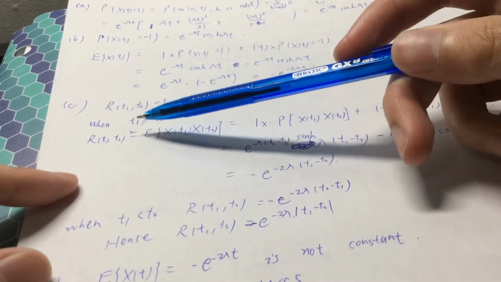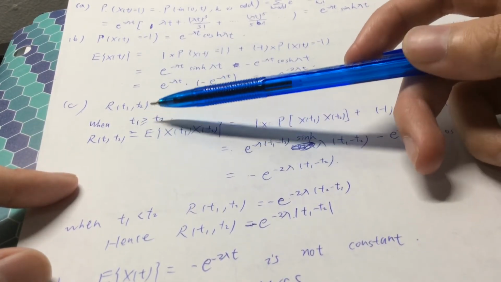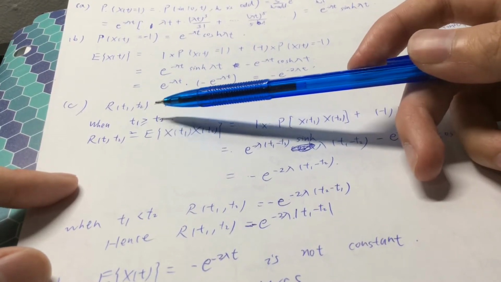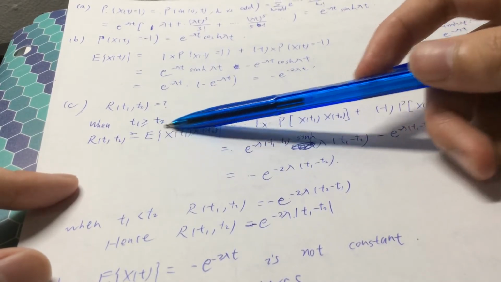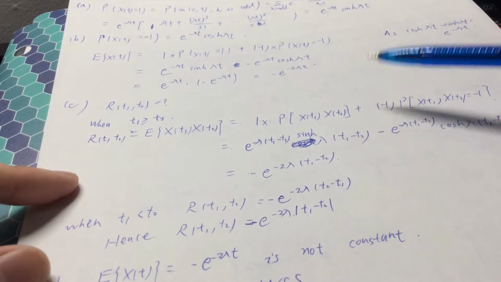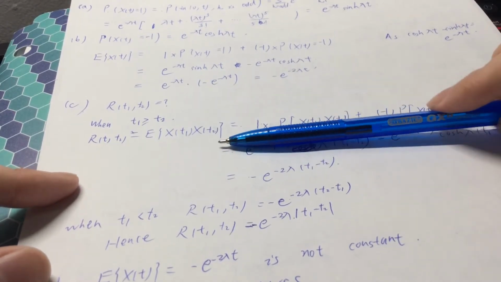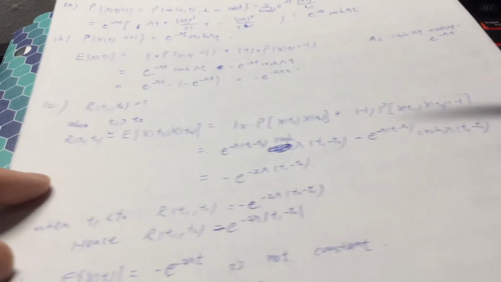Firstly we need to assume that T1 is larger than or equal to T2, so we can get this function.